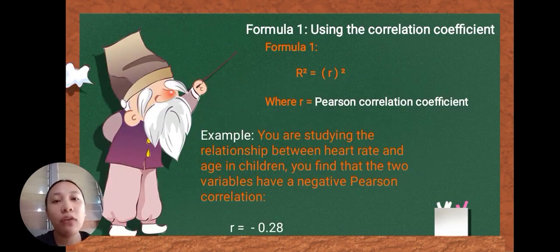Formula 1, using the correlation coefficient. Formula 1: R squared is equal to R to the power of 2, where R is the Pearson correlation coefficient. Example: you are studying the relationship between heart rate and age in children. You find that the two variables have a negative Pearson correlation, R is equal to negative 0.28.